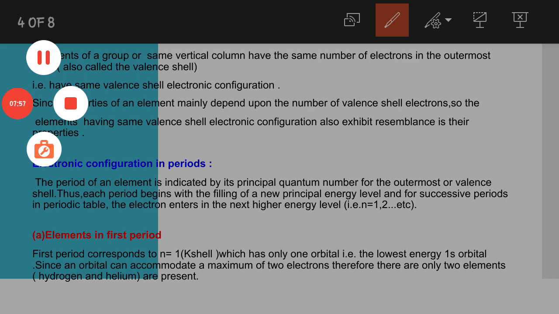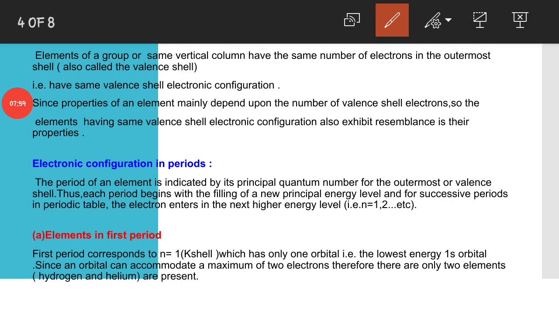Group-wise electronic configuration. Elements of a group, or same vertical column, have the same number of electrons in the outermost shell, that is, have the same valence shell electronic configuration.